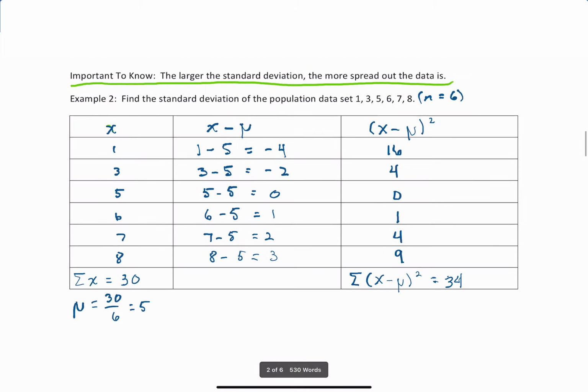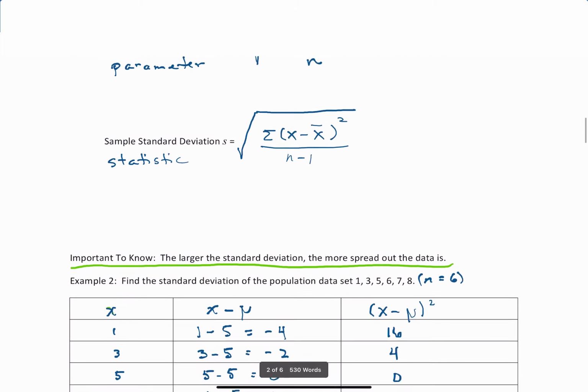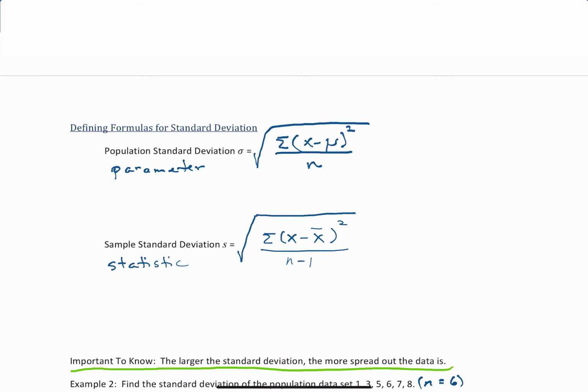What does the formula want us to do next? Let's take a look. We're using the population standard deviation formula because our numbers represent a population. So the next thing I need to do is divide by n. After I divide by n, we'll take the square root of the whole thing.